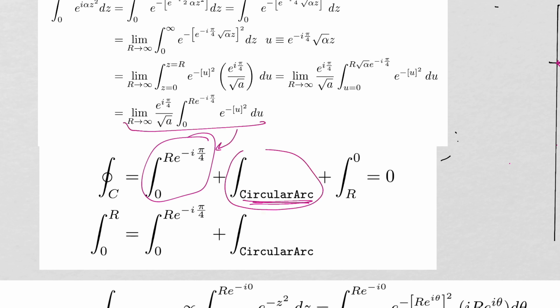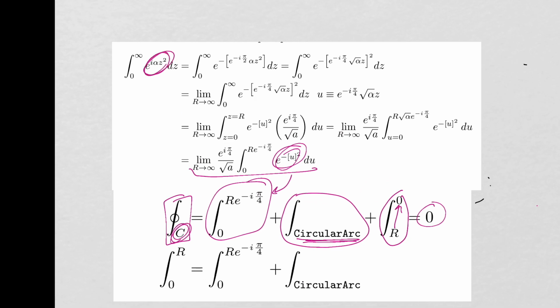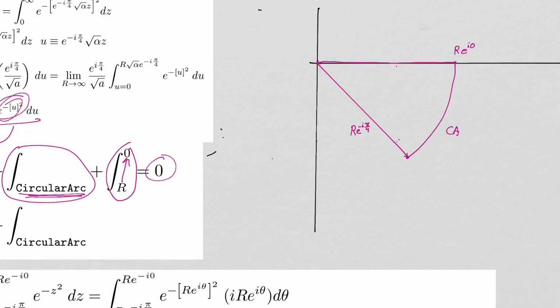The contour integral of our function along the circular arc plus the contour integral from r to 0. The sum of those contours has to equal 0 because those three contours add up to a closed contour in the complex plane of a function that is analytic everywhere, has no poles, right?